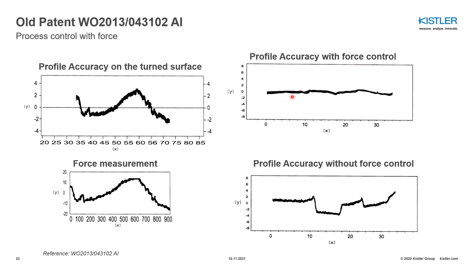They are cutting much straighter compared to not having force control, where you have the effect of the deflection because you have different depths of cut due to the imperfections coming from the pre-operation. So as you can see, especially in the static part of your force during a turning operation, for instance, or during creep grinding, you will see that there is an effect of the deflection on your part.